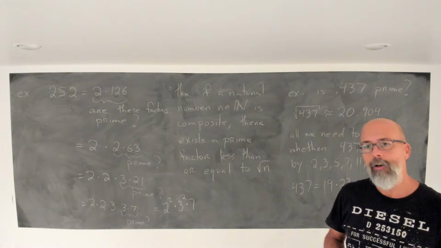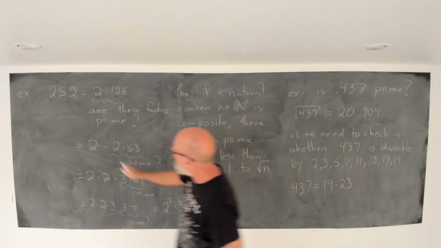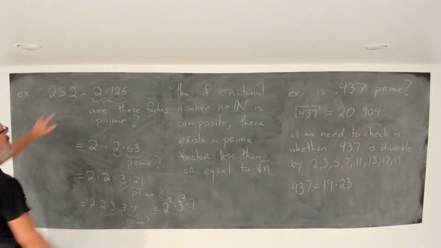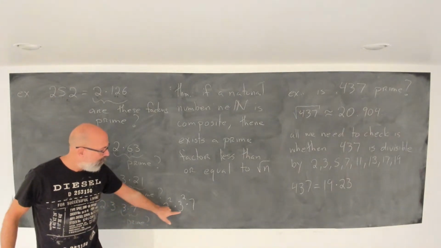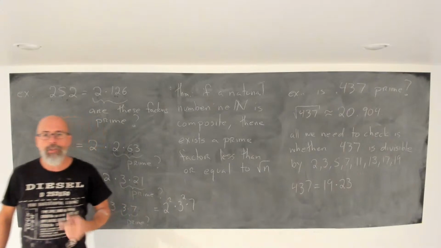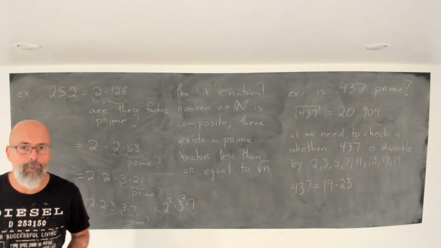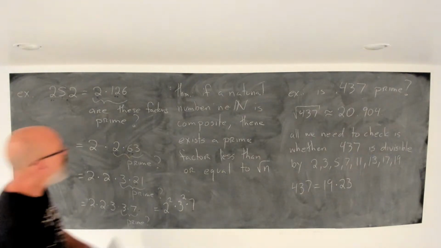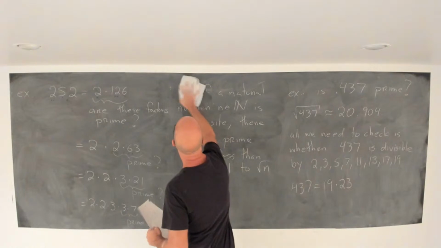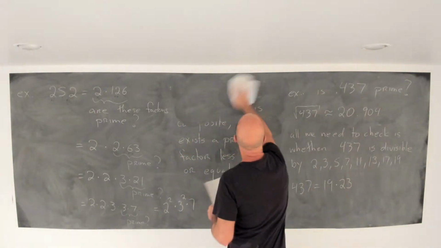And what have we done here? We have taken this big number, 252, and we have decomposed it as a product of prime numbers. This motivates the following theorem.